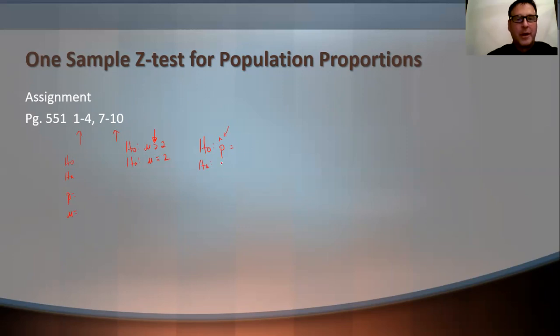Or maybe they'll put an X bar here. Or maybe with a null and an alternative, they'll say, hey, this is 3 and this is 2. And again, these have to match. So there are going to be mistakes in the problems for 7 through 12, and you've got to figure out what those are.